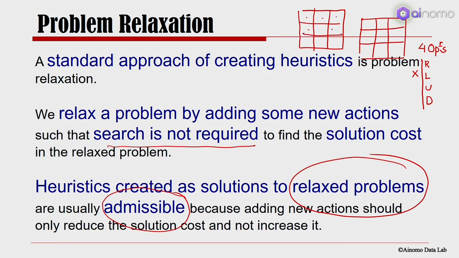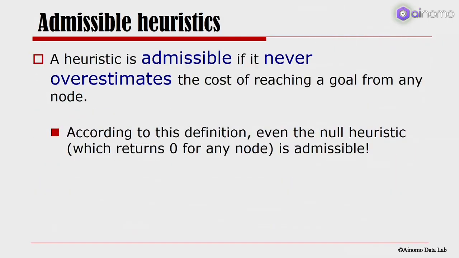In such a way, getting to the goal from the start was not about searching in a graph, but trying to understand how many times I have to pick up things which are not in place and put them there. But before that, we want to understand what we mean by admissible heuristics.